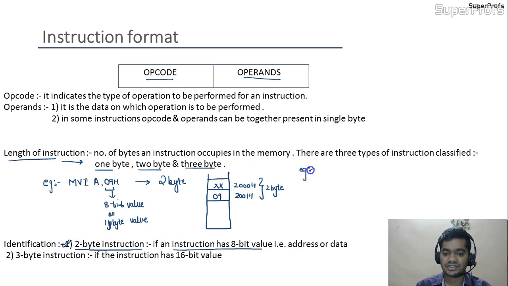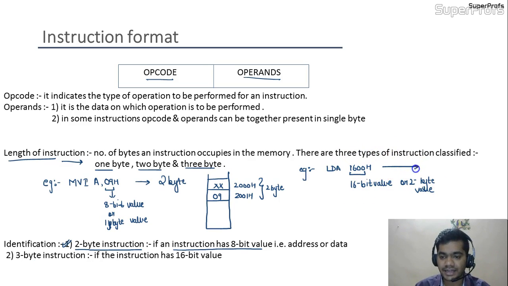If the instruction has a 16-bit value, like LDA 1600H, that is, a 16-bit value or we can say a 2 byte value, then we would say that it occupies 3 bytes of memory.